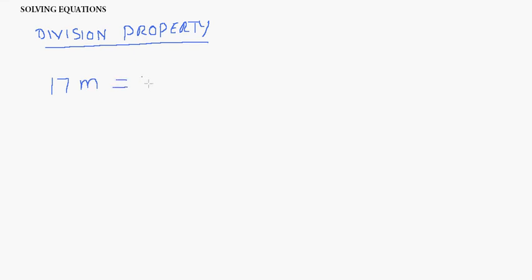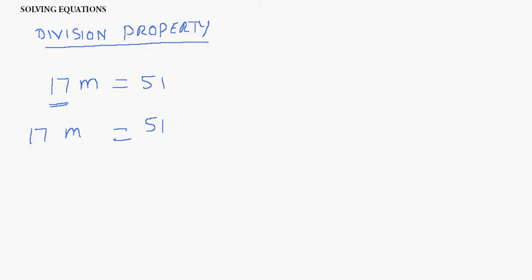17m equals 51 is another equation where the variable m is being multiplied by 17. Therefore, using the division property, divide each side of this equation by the number 17. Write the equation as it is.